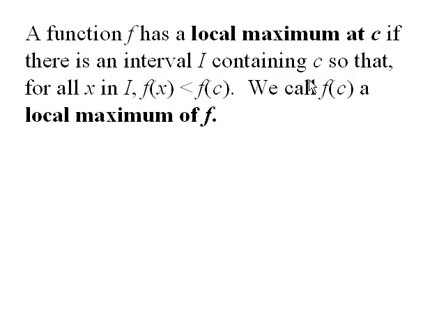So if you look at an interval containing C, maybe a small interval a little bit to the left of the x value C, a little bit to the right, and if in that interval you never get a larger function value than the value that is attained at C, then the words would be to say that we've got a local maximum, and the value of the function at that point is the local maximum.